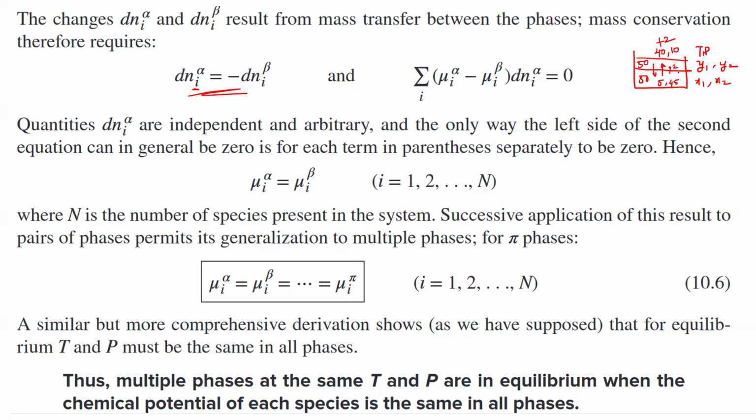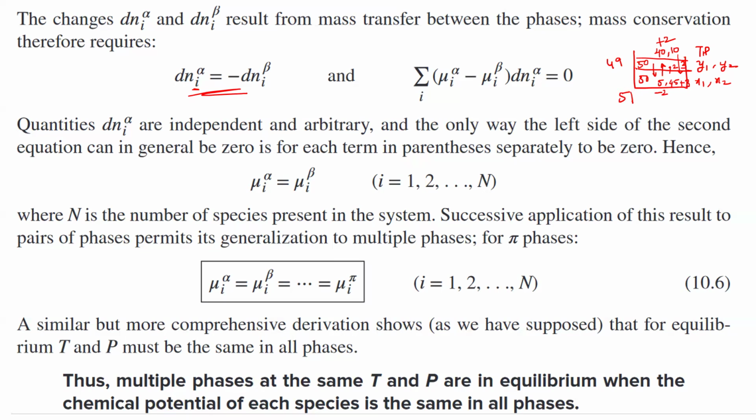And out of 10, maybe 3 moles of water will come down, so plus 3, right? So how many moles of each phase are there now? Minus 2, 3 plus 48, 51. And here 42 plus 7, so 49. Overall moles of the system are conserved, but it's not necessary that the number of moles in each phase has to be conserved.